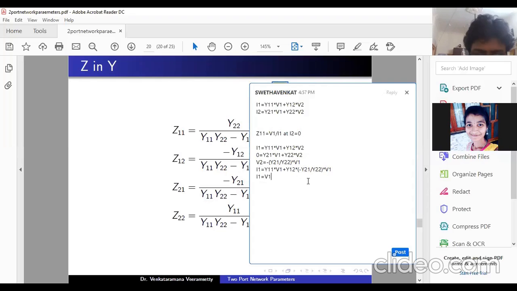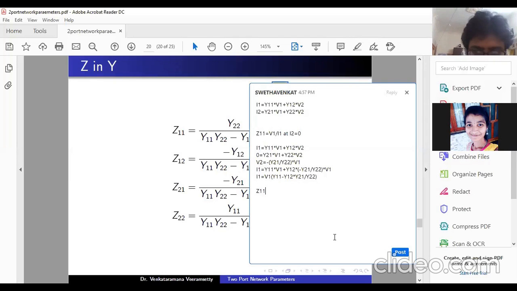If you take V1 common, what we have? Here we have Y11 and here we have minus Y12 into Y21 divided by Y22, right? Now see what happened.